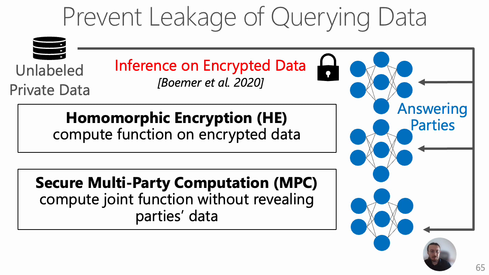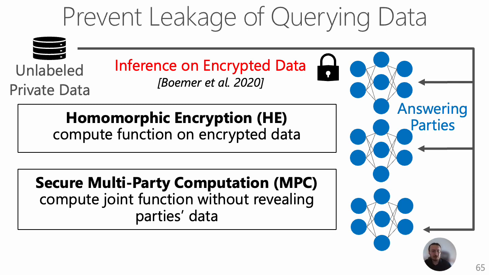For the inference on encrypted data in Capsi, we use both of these cryptographic tools, homomorphic encryption and secure multi-party computation. So again, as we discussed, homomorphic encryption is a form of encryption that allows us to operate on encrypted data, and here it is used in ML models to compute, for example, feed-forward networks or convolution operations.